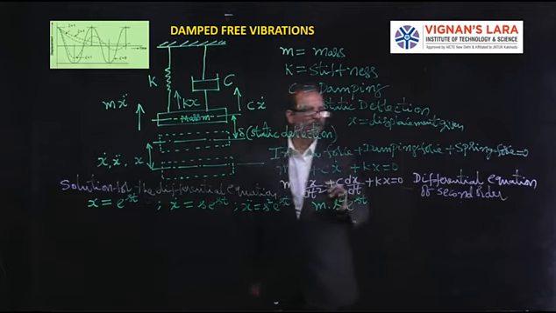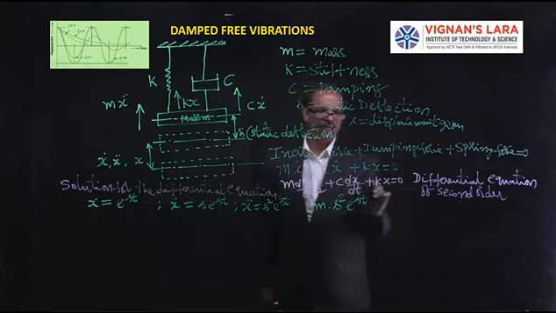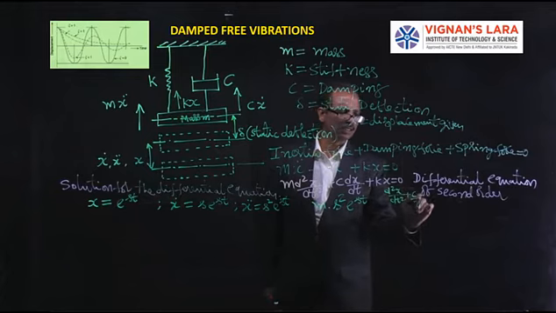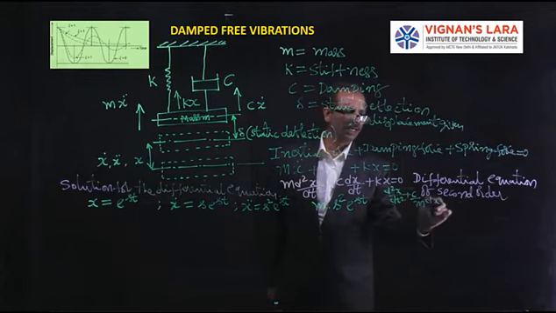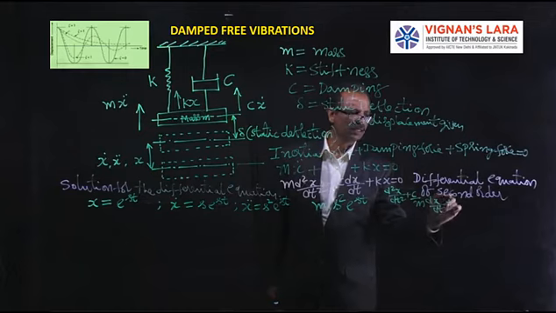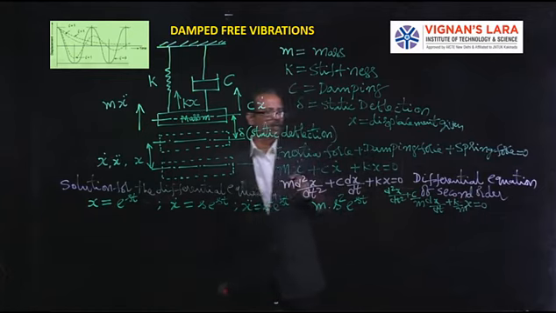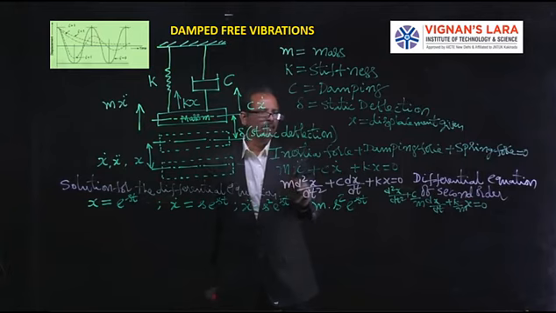This can be written the other way, like d square x by dt square plus c by m dx by dt plus k by m into x is equal to 0, where the entire equation is divided by m.